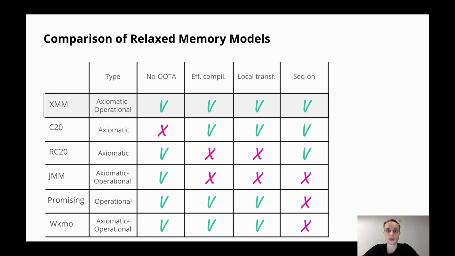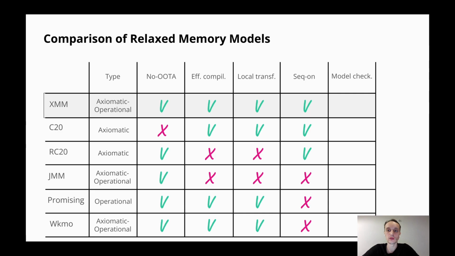XMM has another advantage over previously proposed multi-execution memory models. It is amenable to automated reasoning in the form of model checking. So first, let us have a look at the situation with other models. C20 is basically not checkable because of the thin air reads problem. On the other hand, the problem of model checking under RC20 is relatively well studied, and there exist a lot of tools.